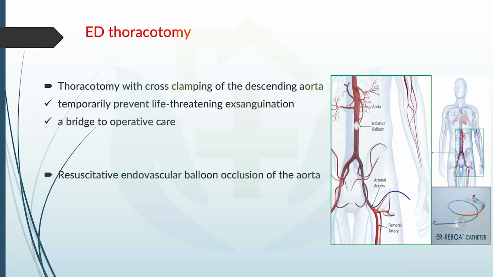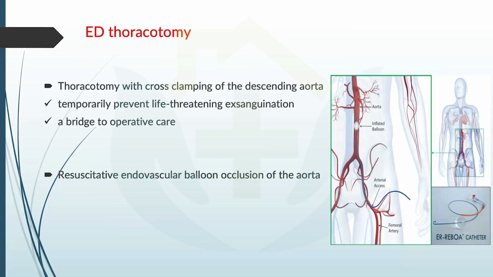If the patient having signs of life suddenly collapses, it could be massive cardiac contusion, massive traumatic pericardial tamponade, pneumothorax, hemothorax, etc. In these cases, you do an open thoracotomy immediately. You do the cardiac massage, identify the pathology, and try to save the patient. Even with ED thoracotomy, the mortality is as high as 60 to 80% in these patients. So it is a dire situation.